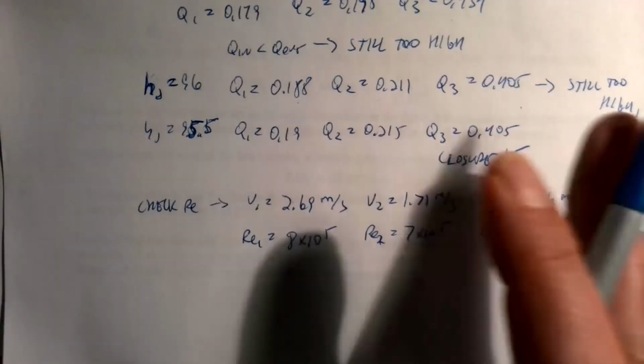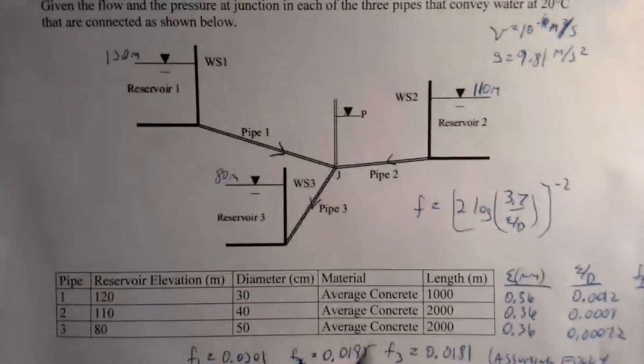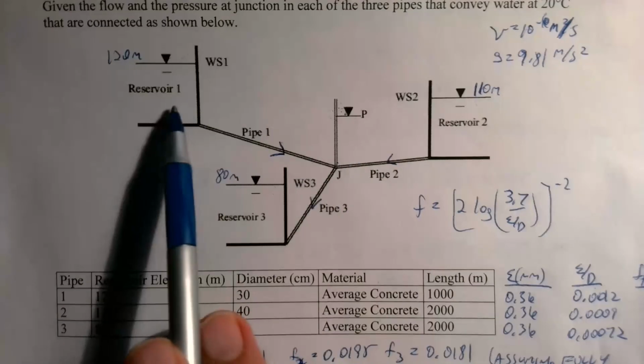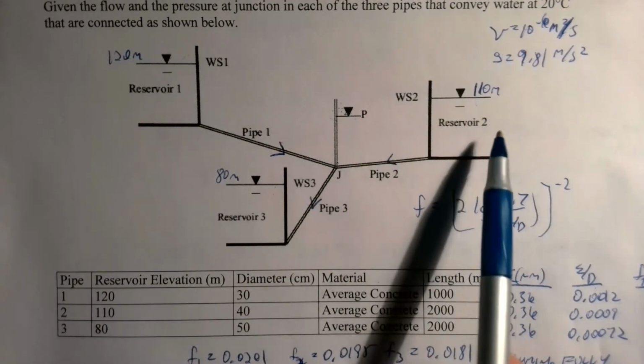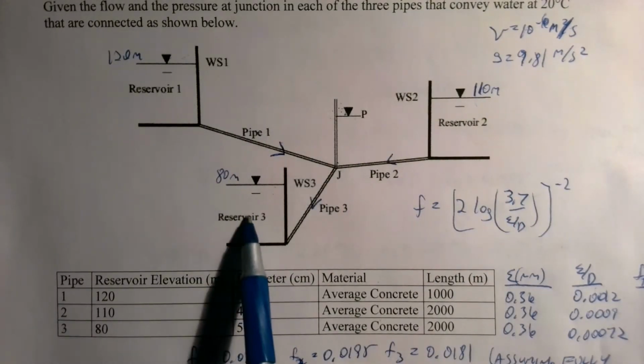But so this is how you analyze a pipe junction. The really important idea here, again, you're not going to see 3 reservoirs connected like this in the real world. The key idea here, though, is that we might have a junction here, we might have a junction here, and we might have another junction here.